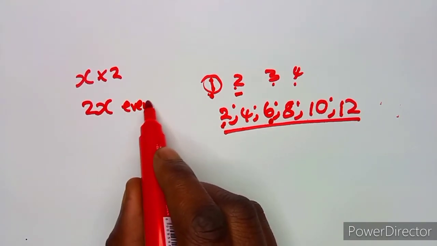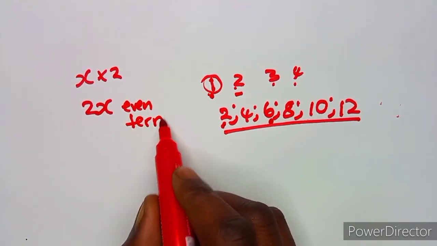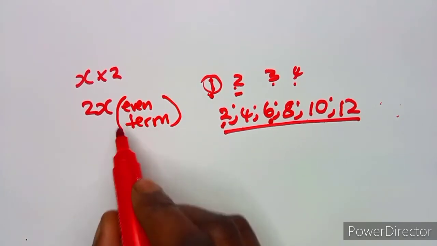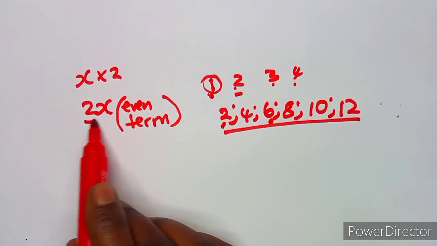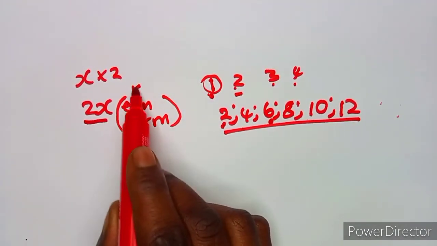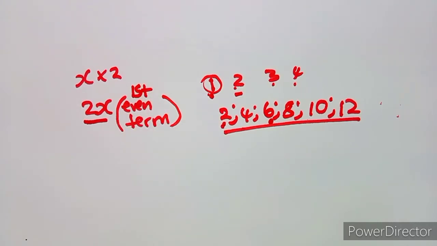So here we want to calculate the value of the numbers. We are going to let 2x represent the first even term. Let's say this is our first even term, 2x. Now I want you to see something from this part. How are these terms separated?